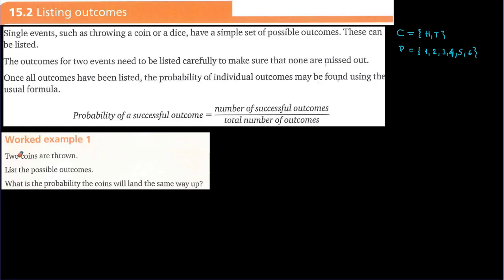Let's do this one. 2 coins are thrown, list all possible outcomes. For the first coin, there are 2 possible cases, head and tail.